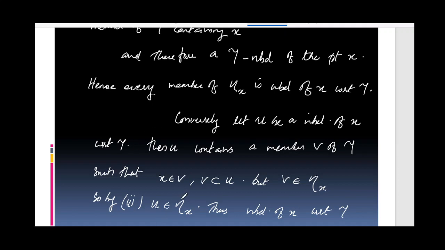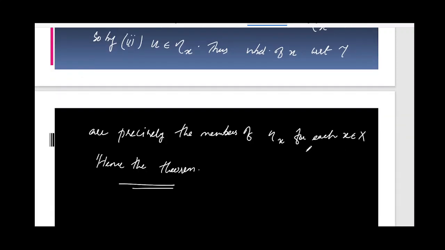So x belongs to V and V is contained in U. But this V then belongs to the neighborhood system. So V belongs to the neighborhood system means this U, which is a superset, also belongs to this neighborhood system. But the neighborhood system of X with respect to our topology is nothing but Nx itself.